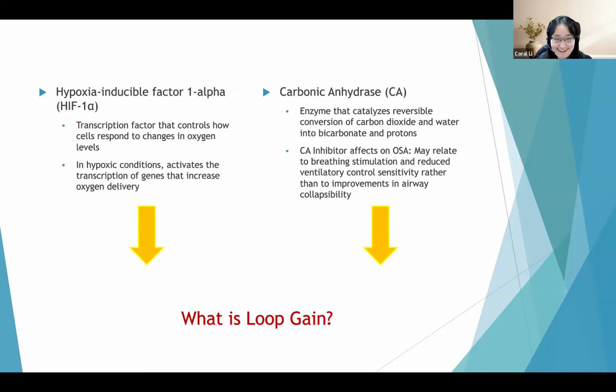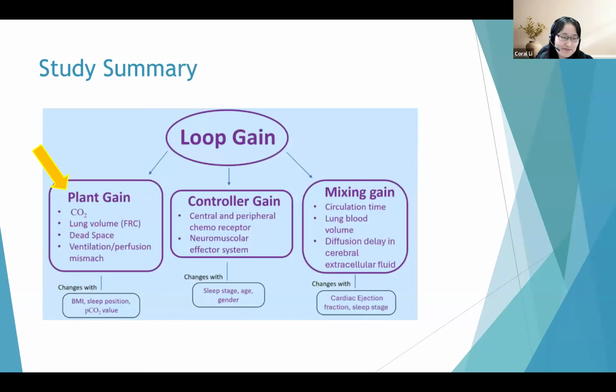Okay, plant gain. Just like was explained, these are the three breakdowns for loop gain, and cethiamine will likely be impacting the plant gain component in respect to OSA treatment.